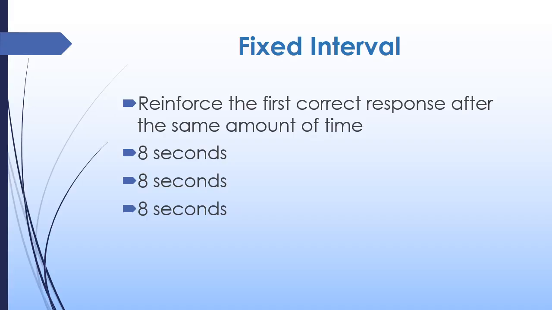Now, rats are pretty savvy, and they sort of catch on to this after a few trials. So initially, you'll see an extinction burst. The rat starts really pressing the bar, but then the rat sort of catches on to, wait a minute, there's a certain amount of time before I get reinforced.